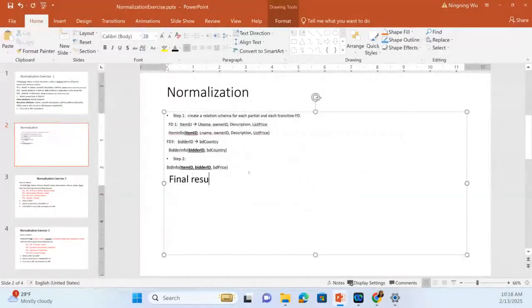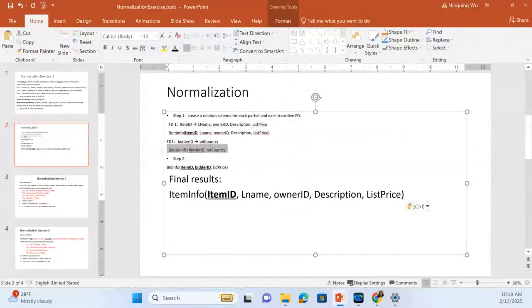So then the final results. You do the normalization for a purpose, which means you're going to list all the relation schemas you generated, and these relation schemas will be used to replace the original one.